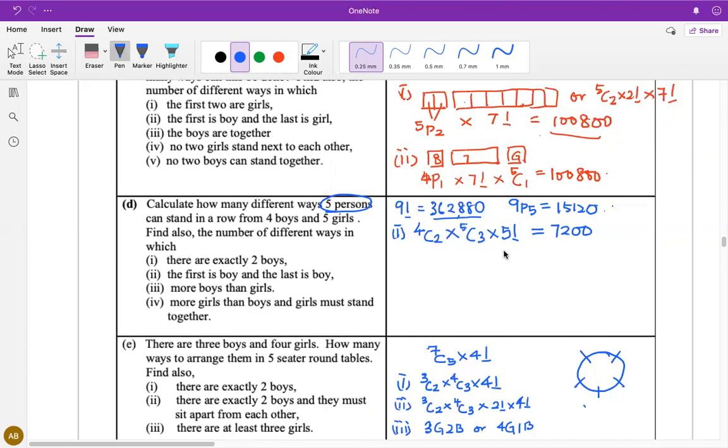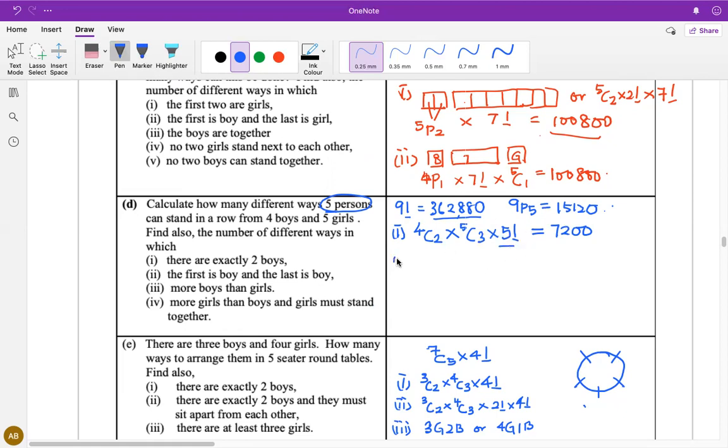If you use 4P2 and 5P3, okay, you get 7200 only. All right, but here because exactly 2 boys, that means 2 boys and 3 girls. So we choose 2 boys first, and then we choose 3 girls from the 5, and then after that we arrange them in 5 factorial.